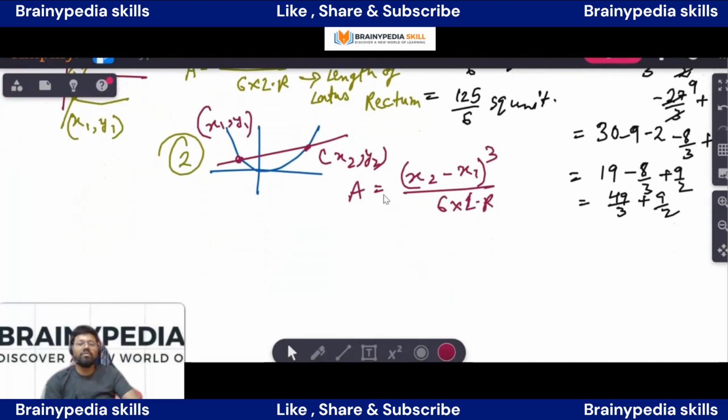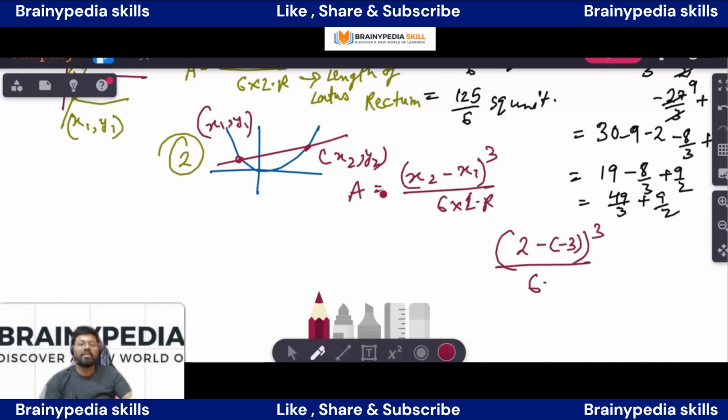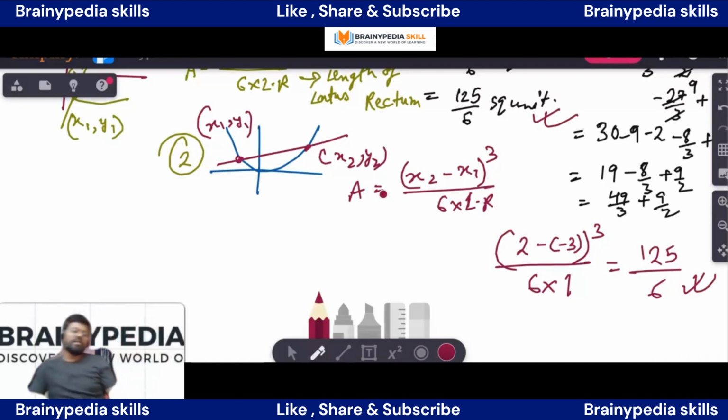So 2 minus of minus 3 whole cube by 6 times the latus rectum, that is 1. So how much are you getting? You can see that directly with one line you can get the answer, 125 by 6 square unit. Okay, understood? 125 by 6 square unit.